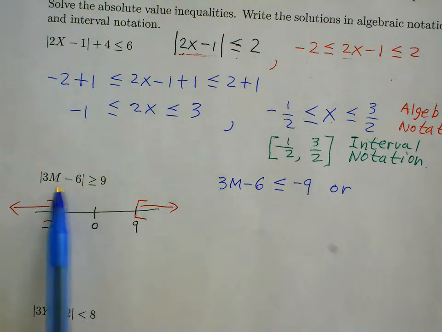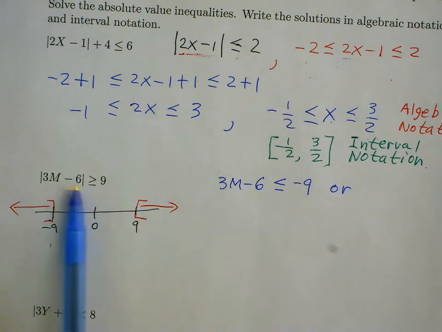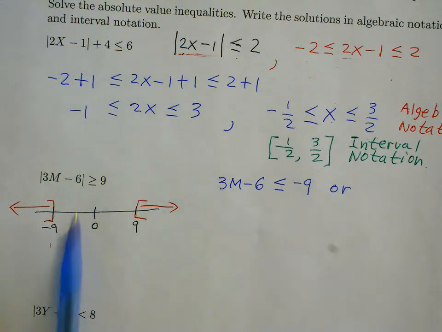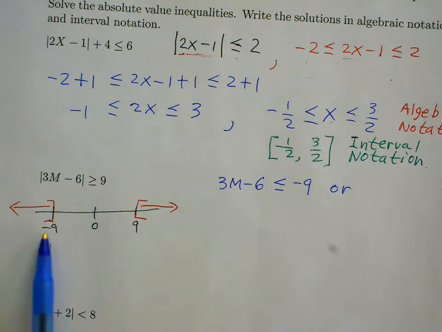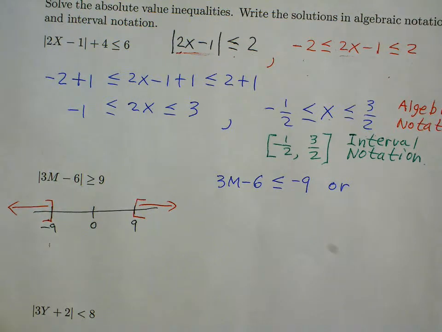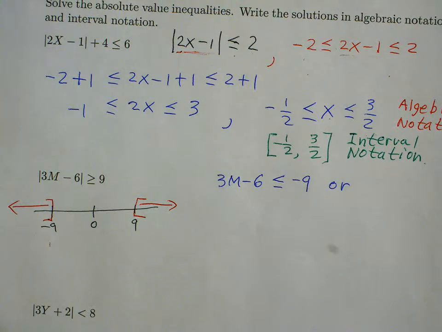So a number of the form 3m minus 6 can only be in one of those places at once. So either 3m minus 6 is in this interval on the left, or the number is in the interval on the right. We use the word or because it cannot be in both places at the same time.